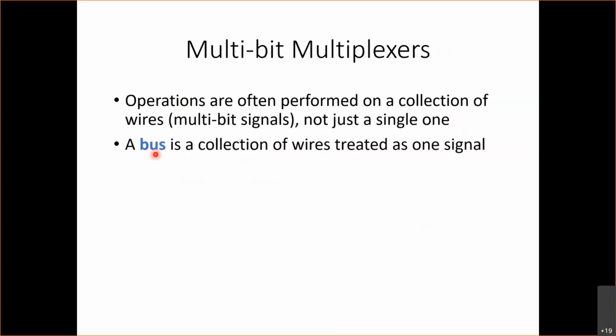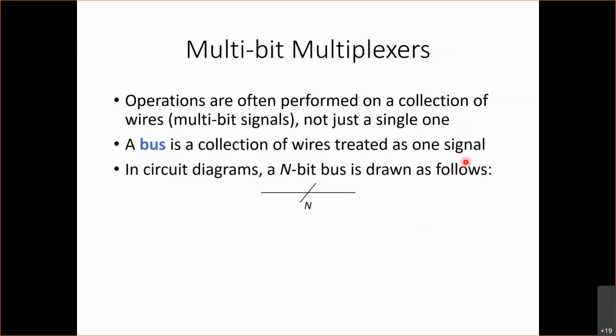We have a bus. A bus in a circuit diagram is essentially a collection of wires that are treated as one signal. So if you see a line with a dash on it labeled n, this refers to an n-bit bus. What we mean by this line is that this is n different lines that are all treated as the same signal.